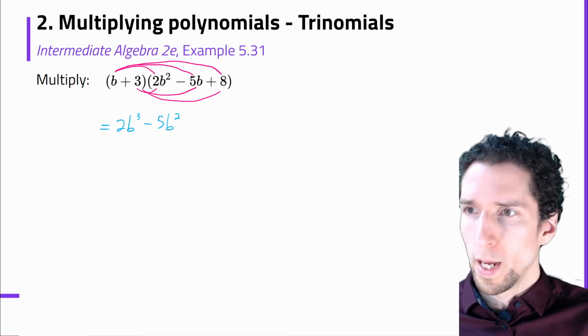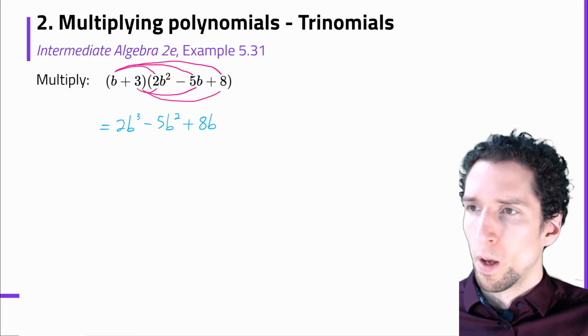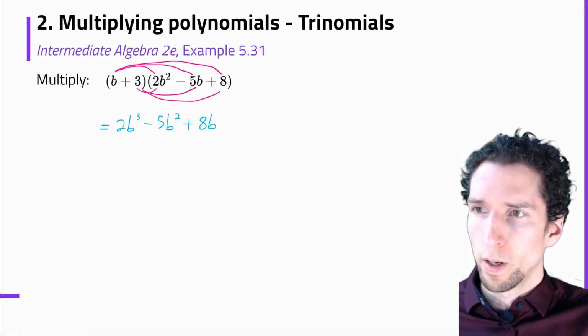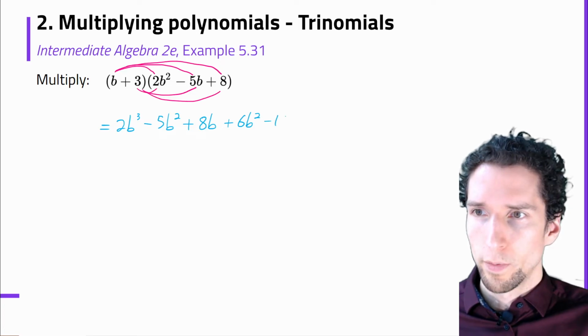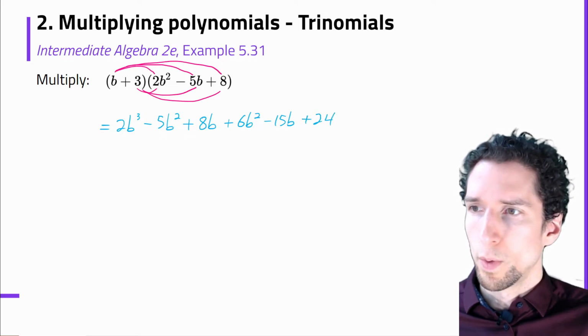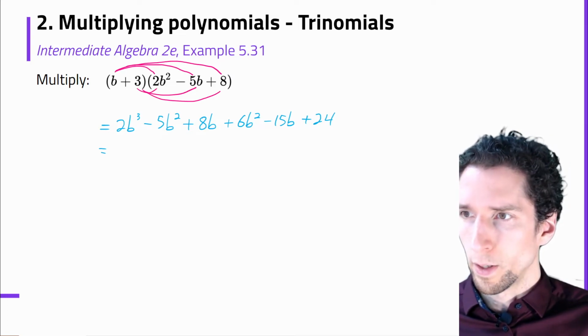And b times 8, so plus 8b. And next 3 times our 2b squared, so 6b squared. 3 times negative 5b, so minus 15b. And last one plus 24, and we just combine our terms here.